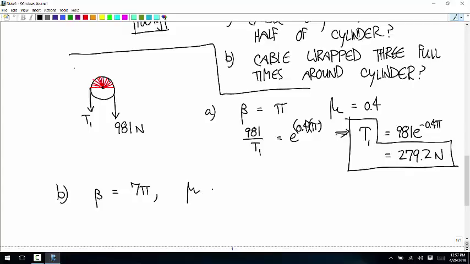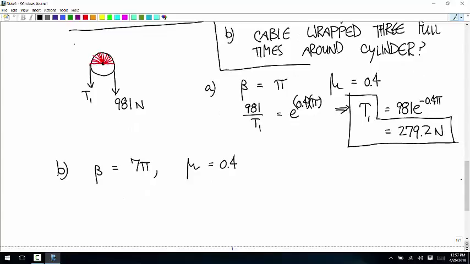We still have the same coefficient of friction. So 981 over T1 is equal to e to the 2.8 pi. And so T1 is equal to 981 times e to the negative 2.8 pi.